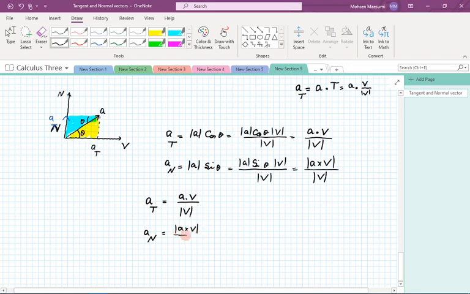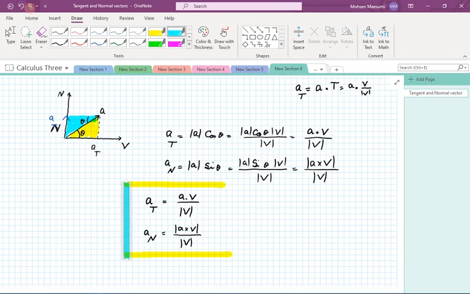These are tangential component of acceleration and the normal component of acceleration. They are two formulas that are going to help us with some basic problems in this section.